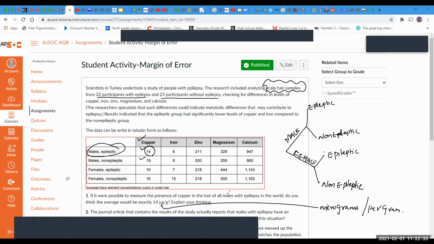That is a diplomatic way. We are actually not stressing. Other students can think that it could vary widely due to other factors, especially if they remember the small sample space, 22 with epilepsy and 23 without epilepsy.